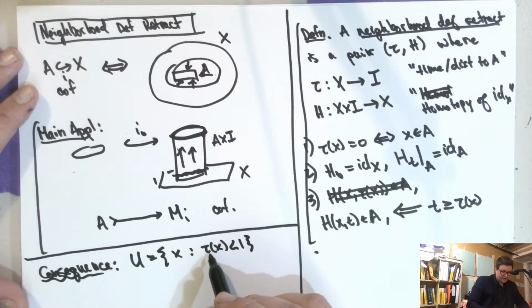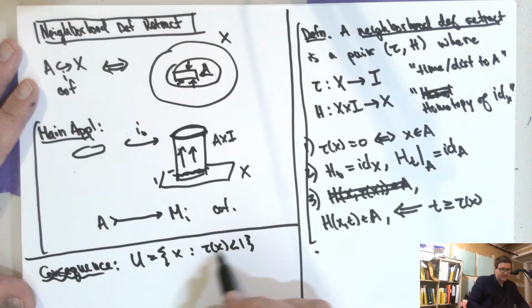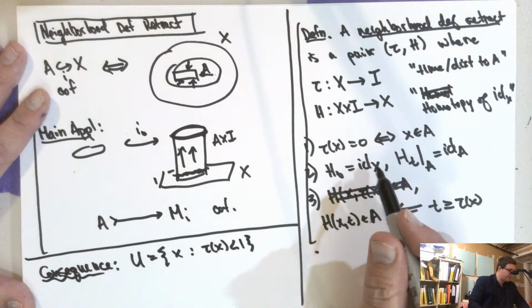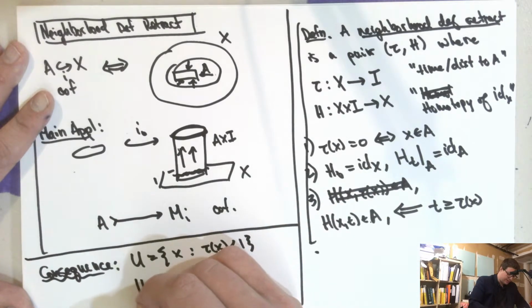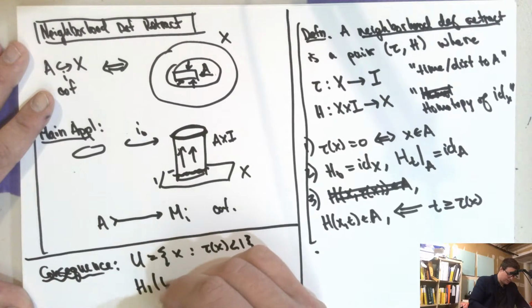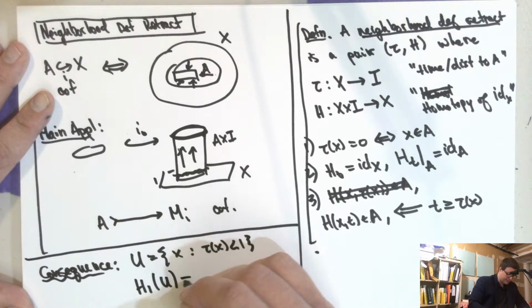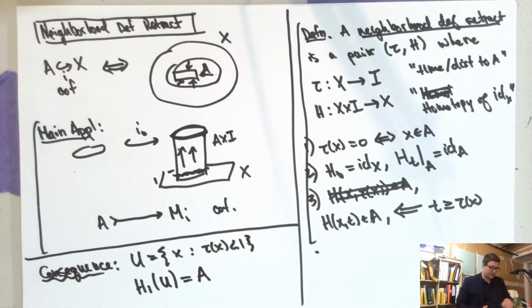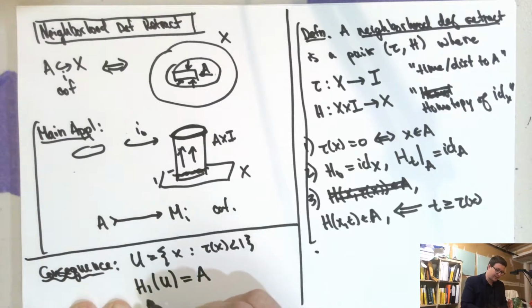These are both continuous, of course. So this is the set of x such that there's a finite hitting time on this homotopy. Then H1 of U is equal to A. Okay, so this neighborhood retracts onto here. And so at 1, it's a retract of the neighborhood. Okay?